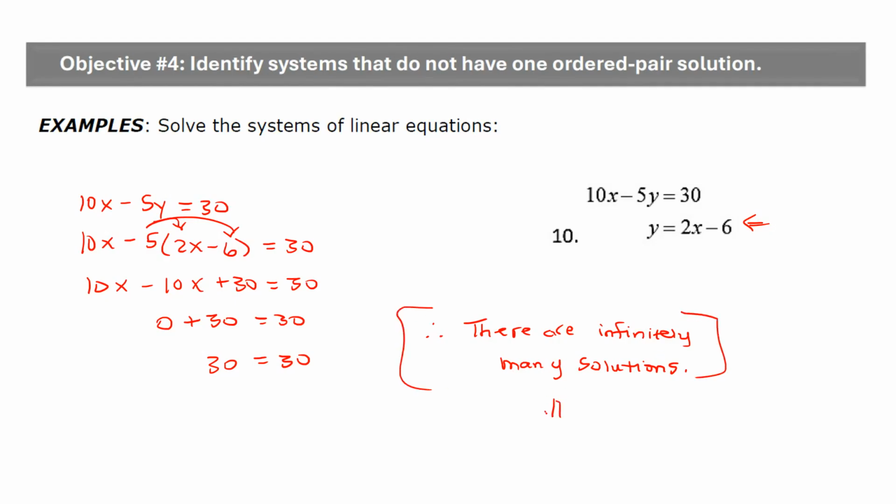And this would be called a dependent system. Okay. Where our first coordinate is x and our y coordinate is 2x minus 6. And we got that right here with our second equation. So when we substitute in an x, we get a y.